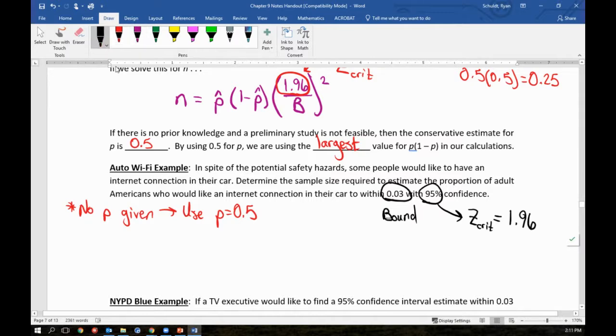So now we have P, we have Z critical, and we have B. We have our bound. Just plug it in. N equals 0.5 times 1 minus 0.5 times 1.96 over our bound, 0.03, and we square it.